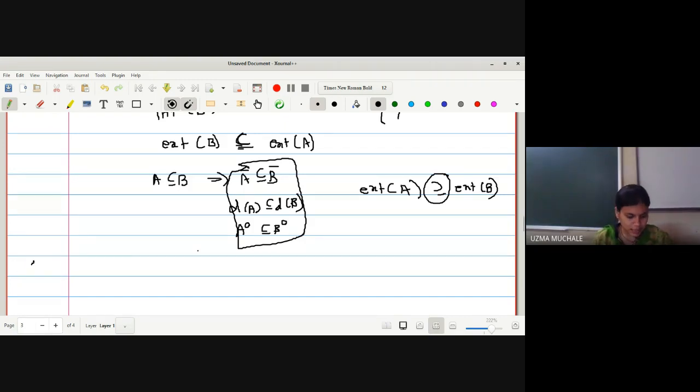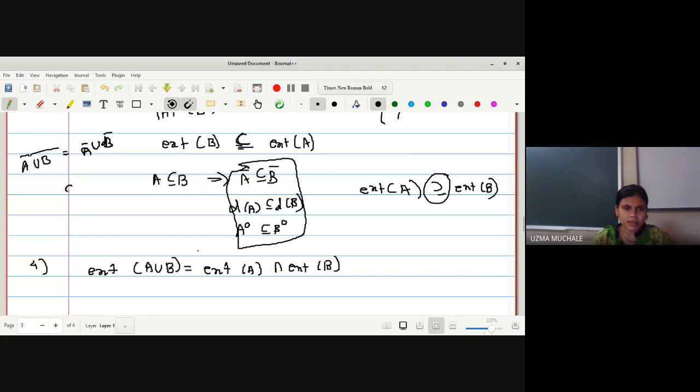Okay, now let us see what is the effect on the exterior of a set on the union. Actually we have to prove exterior of A union B equals exterior of A intersection with exterior of B. Up to now, whatever properties we have seen, A union B its bar is equal to A bar union B bar, and somewhere we have seen the subset relation, somewhere the equality.